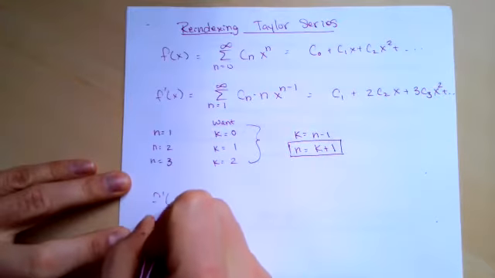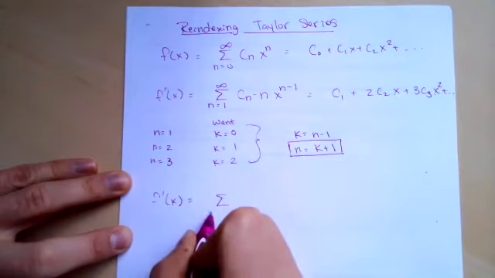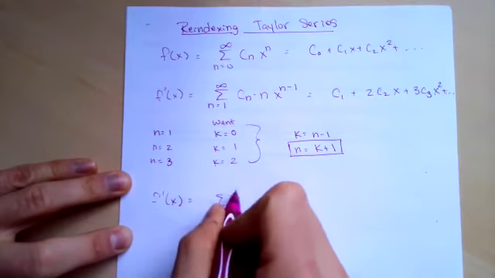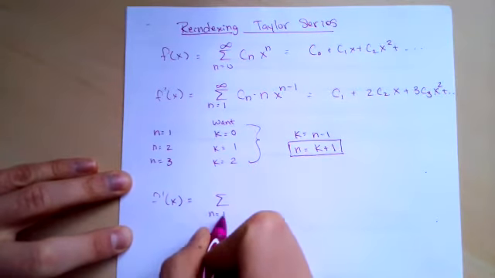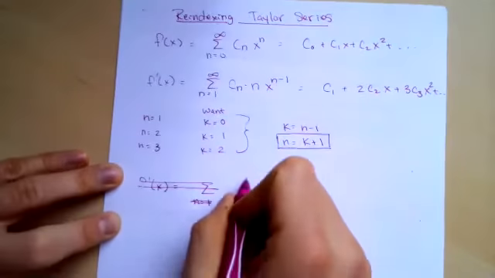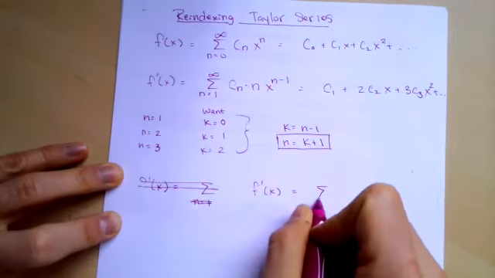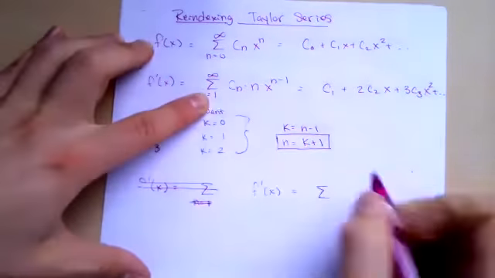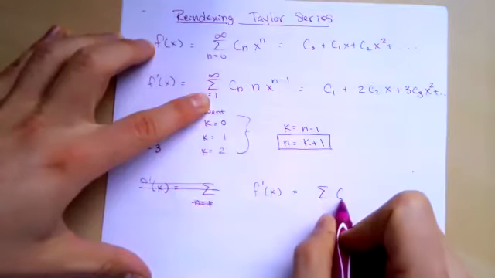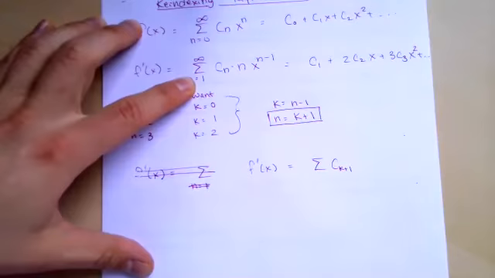F prime of x is equal to a sum. My cn's, well, what is n? It's just going to be c sub k plus 1 there.